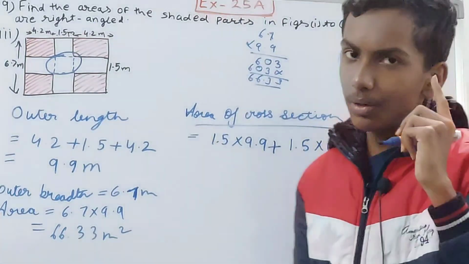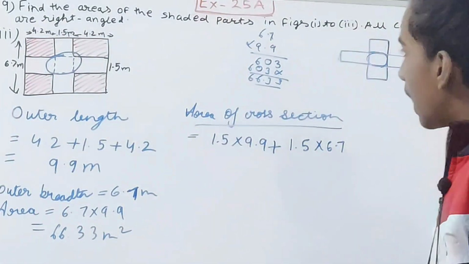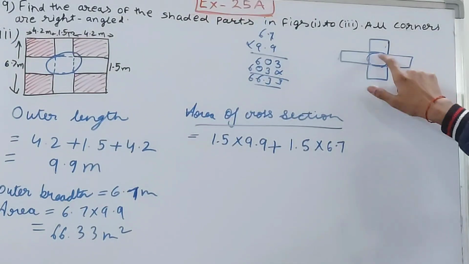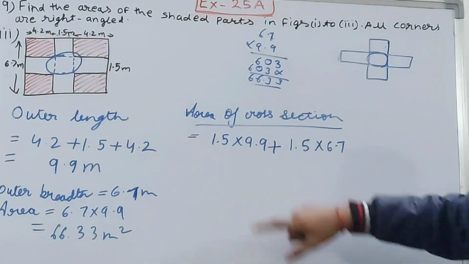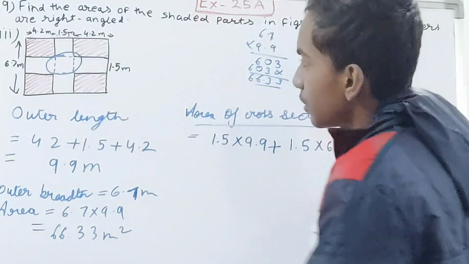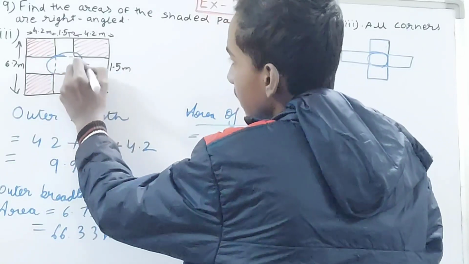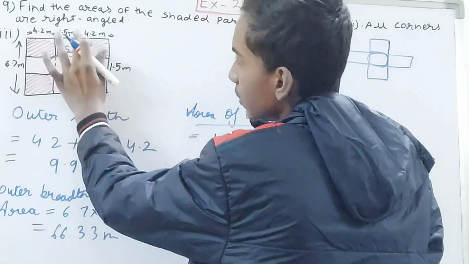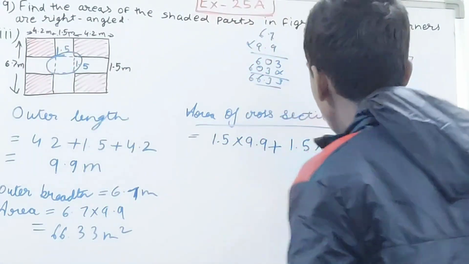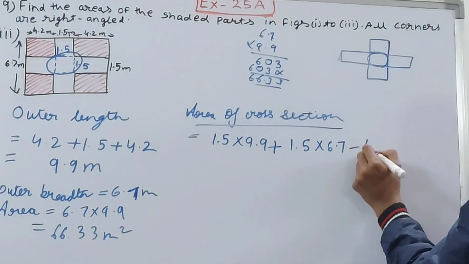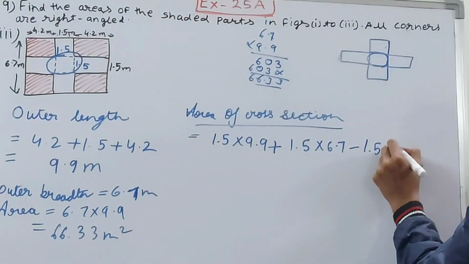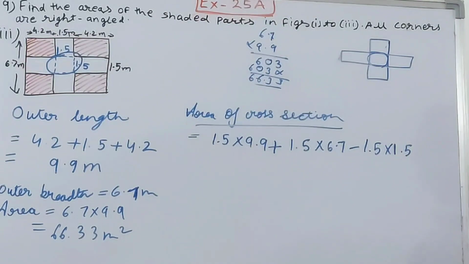However, we need the area only 1 time. So I will subtract the area of this 1 time. See, 1.5, this is going to be a square. 1.5 here, 1.5 here. You can see the sides are already given. So minus 1.5 into 1.5, right?